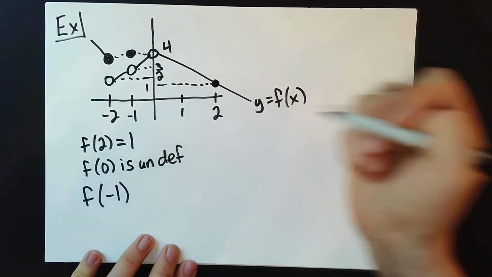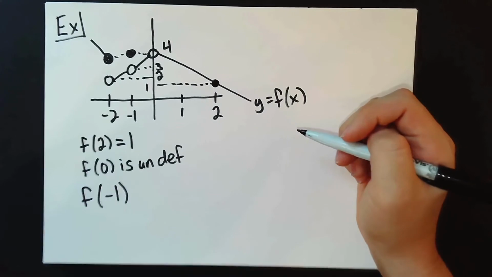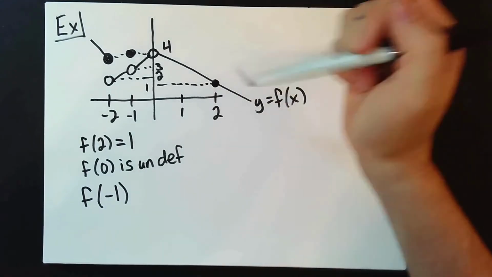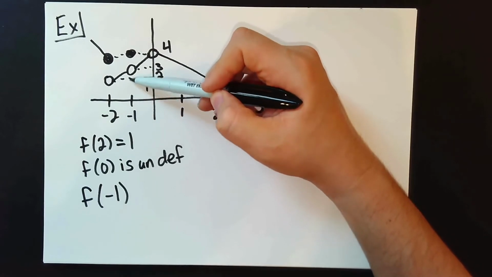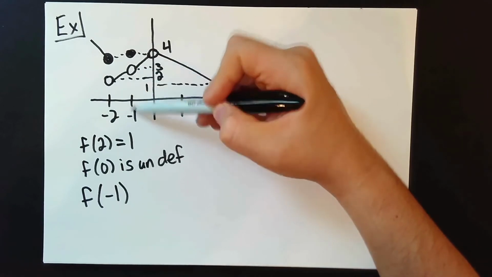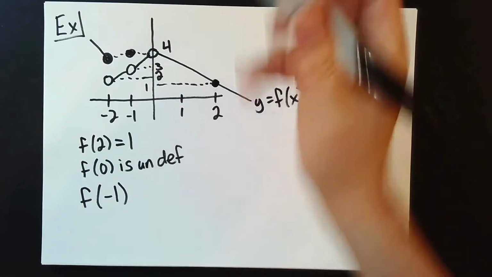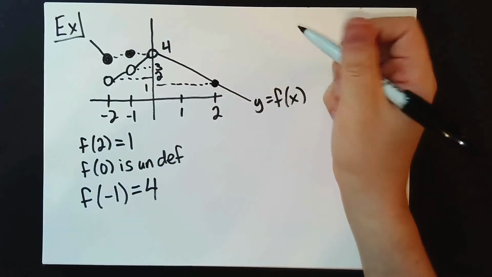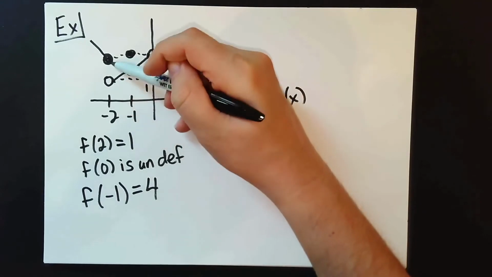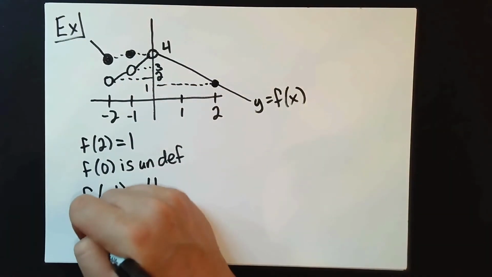What's f of minus 1? Okay, and I apologize for this kind of ugly picture. But what is f of minus 1? Remember I read up through the hole, so f of minus 1 is 4. And f of minus 2, that's also 4.